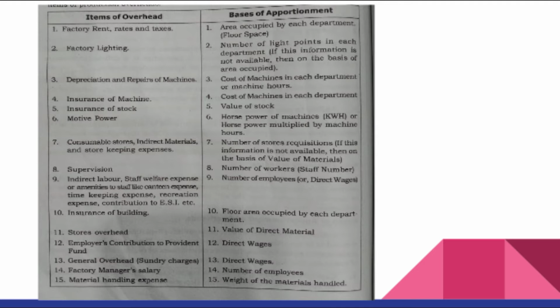We have already discussed in the topic principles of apportionment that it is based on benefits received by each department, or on the basis of survey results, then on the basis of department's ability to pay, etc. Here we can see other overhead expenses like insurance of stock based on value of stock, then motive power based on horsepower of machines, then supervision based on number of workers, stores overhead based on value of direct material, employer's contribution to PF based on direct wages, general overhead based on direct wages, then material handling expense based on weight of the materials handled, etc.